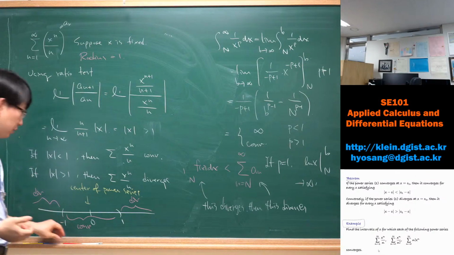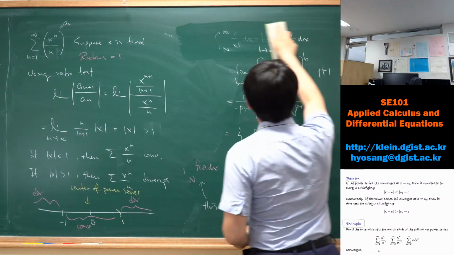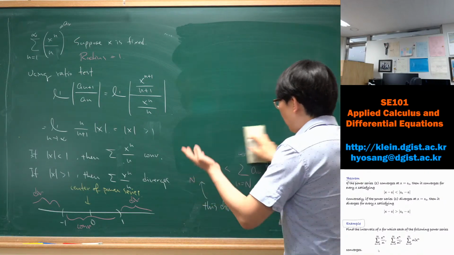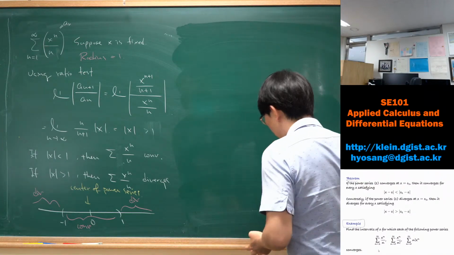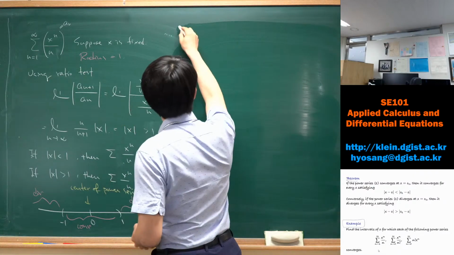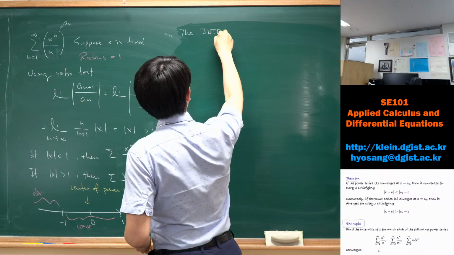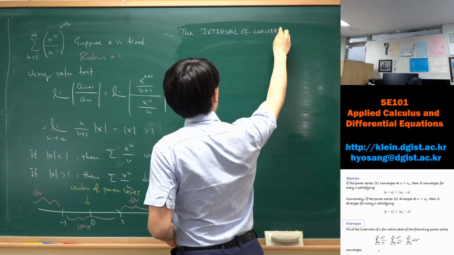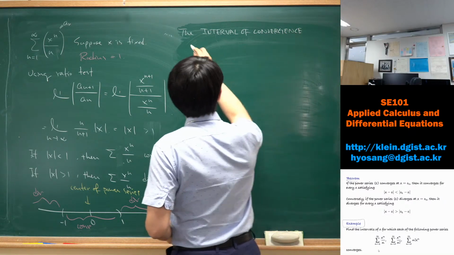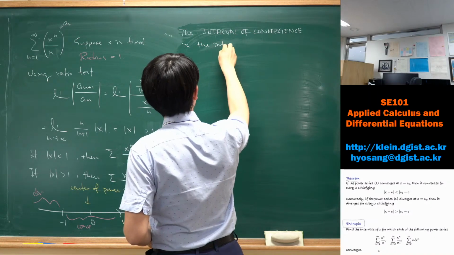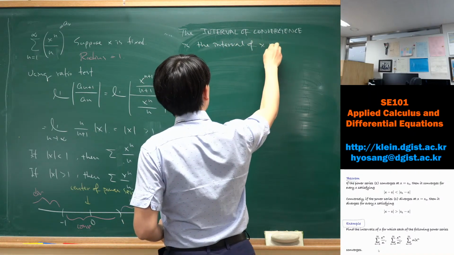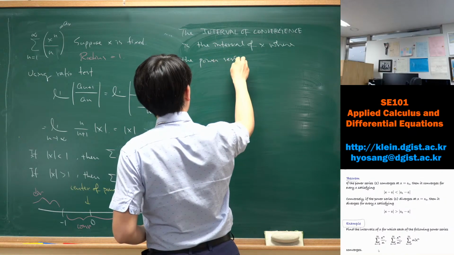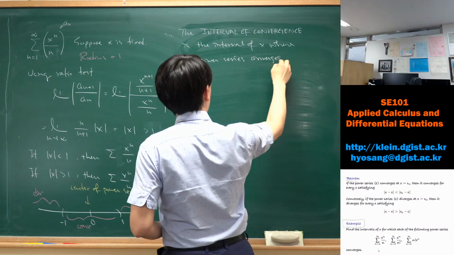So here's one more question. There's a definition in the next slide. So we have a radius of convergence. Now, what's the interval of convergence? The interval of convergence is the interval of x where the power series converges.